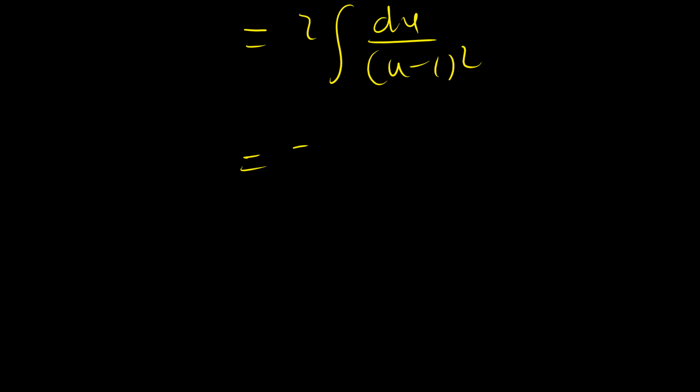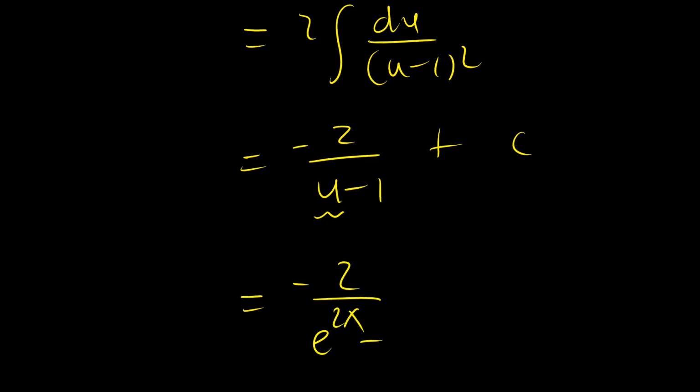It's the same as negative 2 over u minus 1 plus the integration constant. But we know u to be e to the power 2x, so this now becomes negative 2 over (e to the power 2x minus 1) plus the integration constant. We could stop there, but we could also make things a little bit simpler.